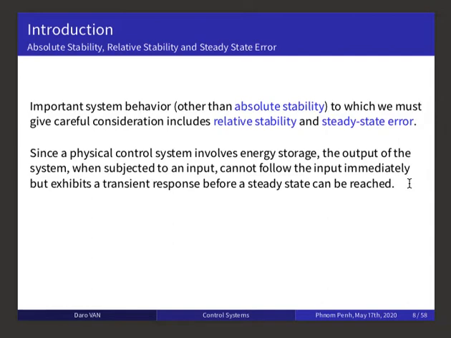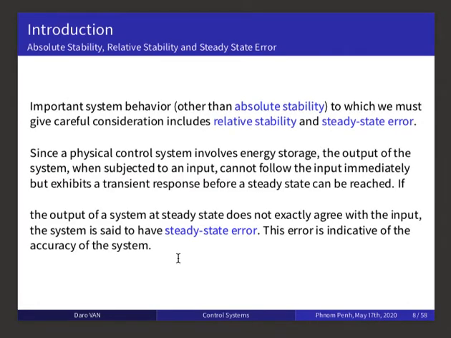So it has some transient response, with some oscillation or overshoot sometimes. And the output of the system at steady state does not exactly agree with the input in many cases. So the system is said to have steady state errors, and this error is indicative of the accuracy of the system.